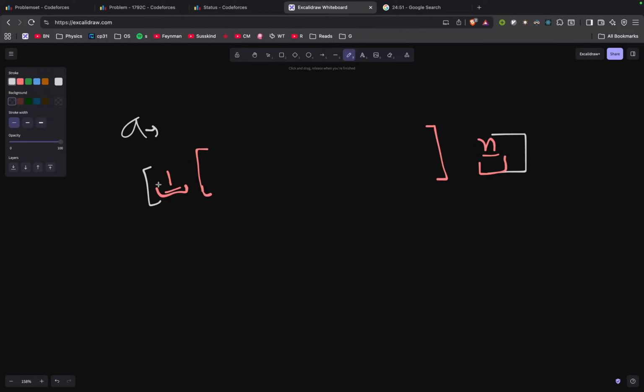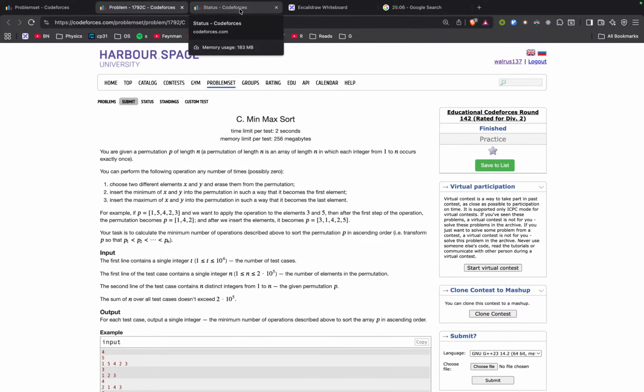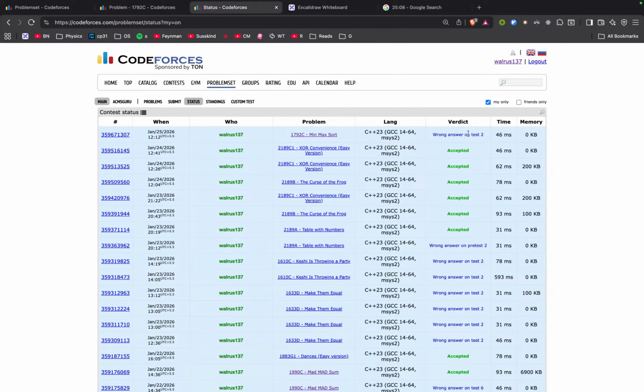If these two are out of order, then we might be able to fix them by choosing one with some other number. I think here we are outputting a higher number than the actual answer.